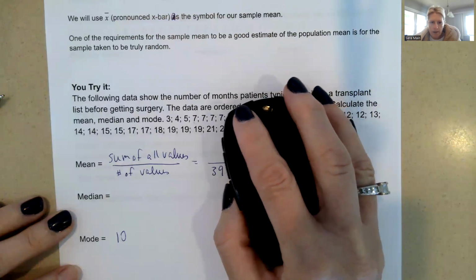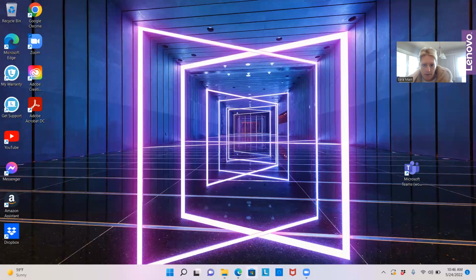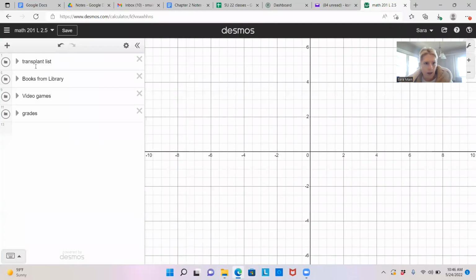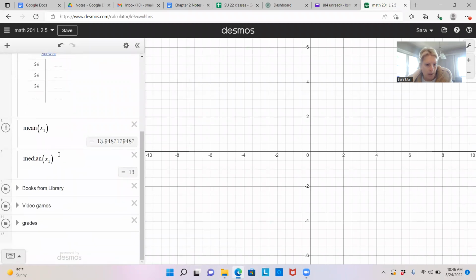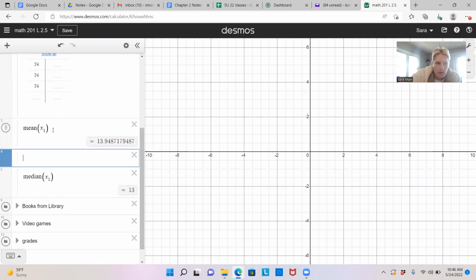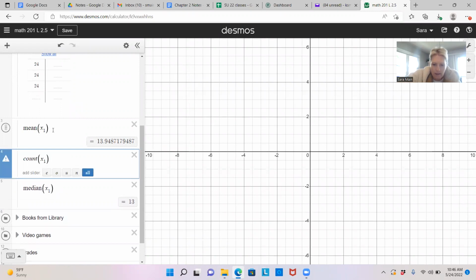For the most part, just entering the data and allowing Desmos to do the work is probably the easiest way to do that. So I'm going to open up the folder with transplant lists, and there's all of my data, and there's the mean. I'm going to count how many there are in that list just to make sure I did it correctly.